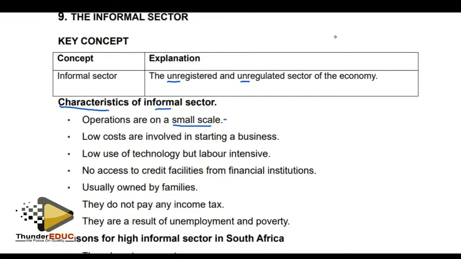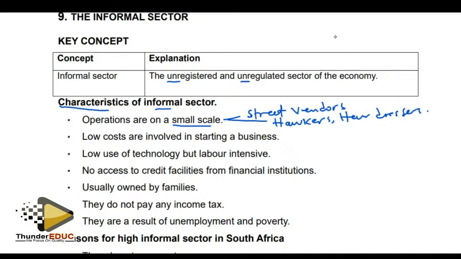For example, street vendors, hawkers, hairdressers. Most of these businesses are on a small scale, meaning they don't usually have businesses on a large scale.